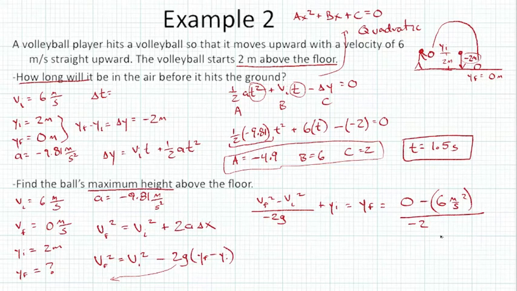Or you know what? Even more appropriately, we can do 2 times negative 9.81, reminding us that the negative really comes from the 9.81 meters per second squared. All that plus our initial position, that's y, so that's 2 meters. Alright, so 0 minus 6 squared over 2 times negative 9.81 plus 2 meters gives us our yf.